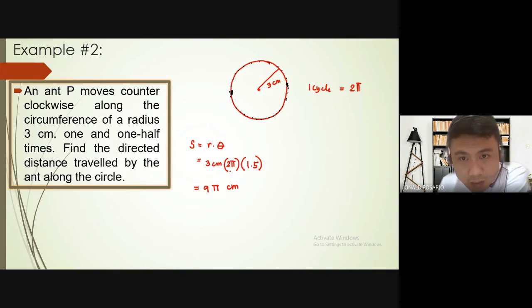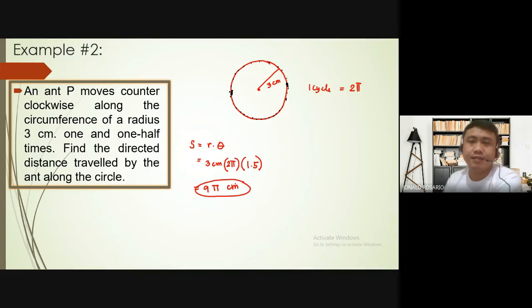Tama ba na nakuha yung 9 pi? Kasi ito, 3 times 2 is 6 times 1.5 is 9. Okay, very good. So you have 9 pi centimeters. Yan yung natravel nung ant. Okay, so we are done with this. Still, we use the formula for the arc length.